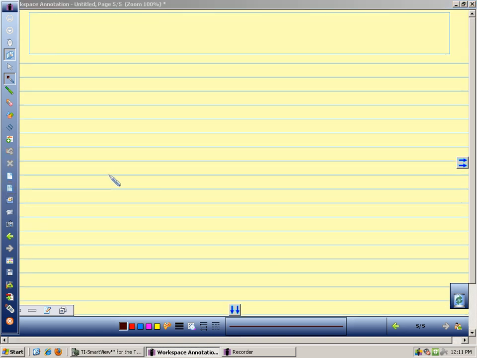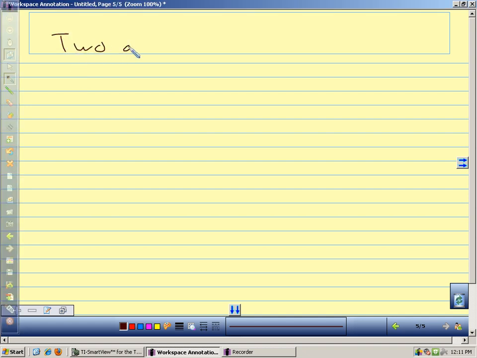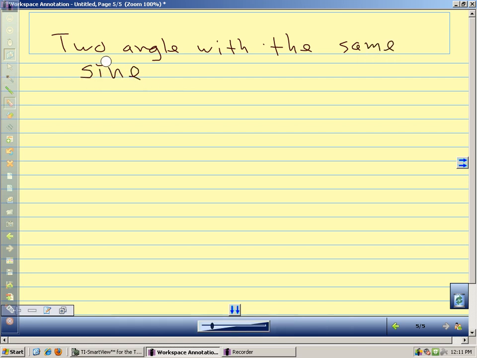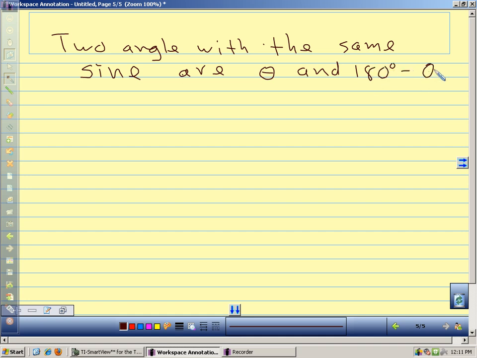All right, so our rules. Two angles with the same sine are theta and 180 degrees minus theta.